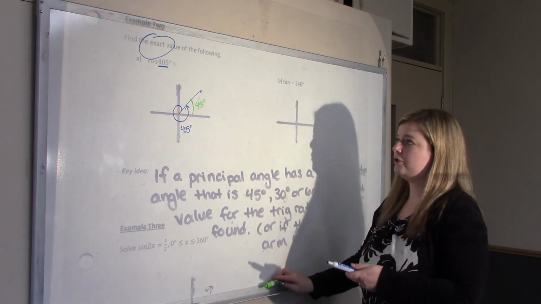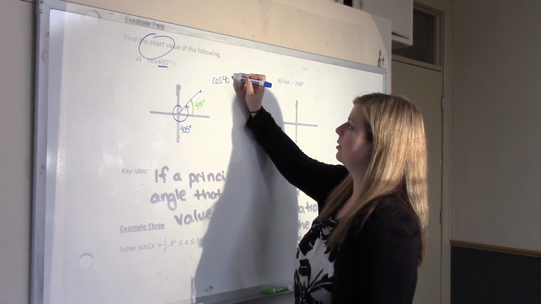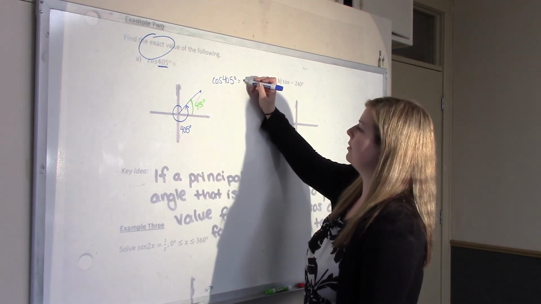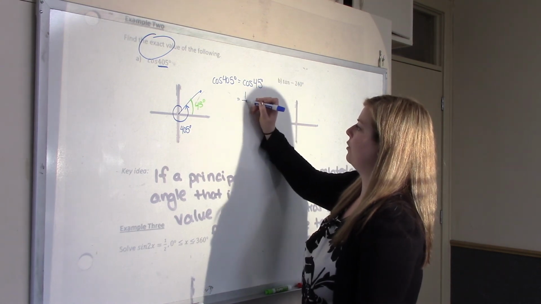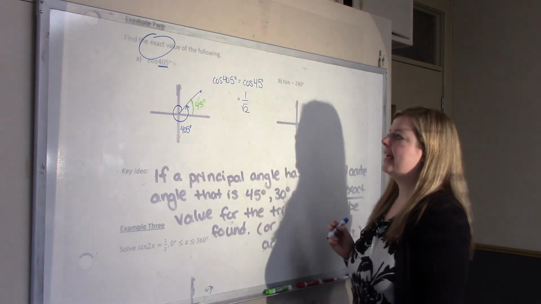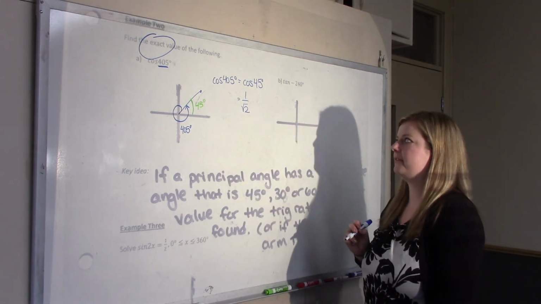So the cos of 405 is going to be equal to the cos of 45 degrees, which is just 1 over root 2. And I know that it's positive because it terminates in quadrant 1 and cos is positive there.